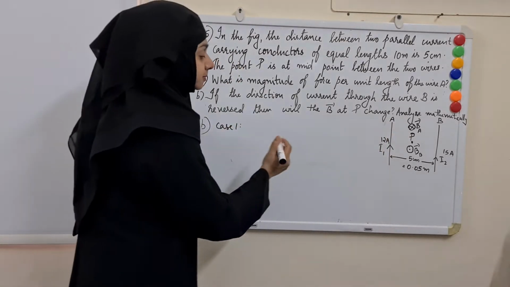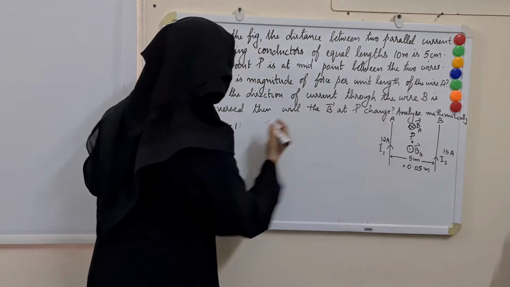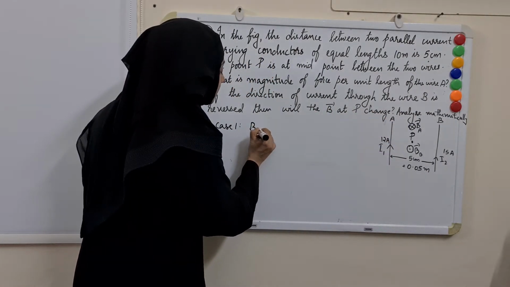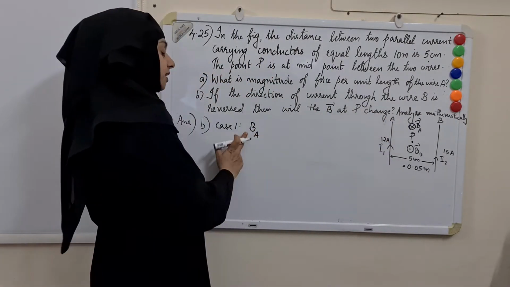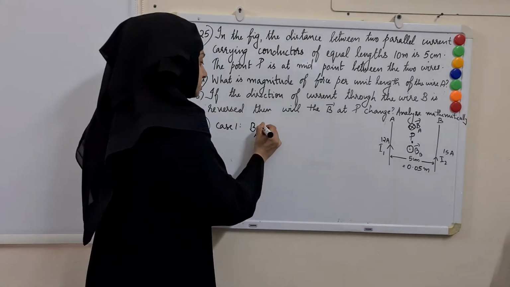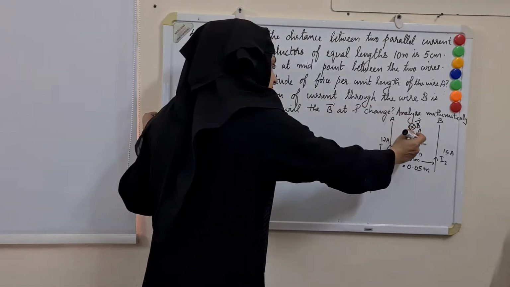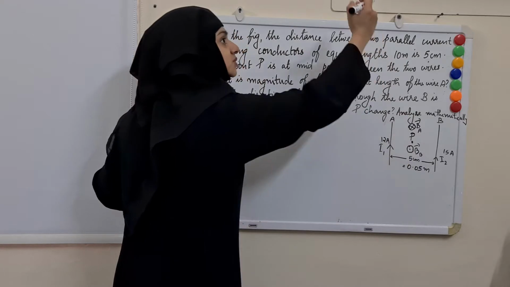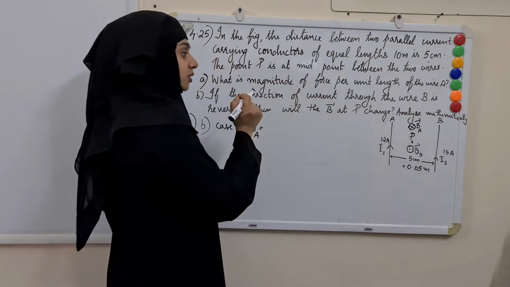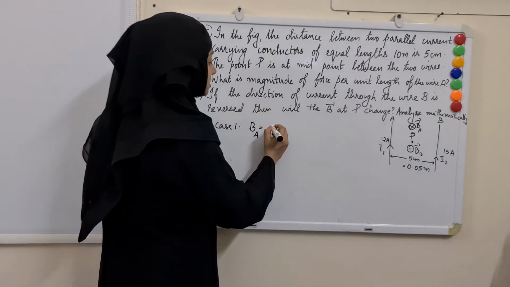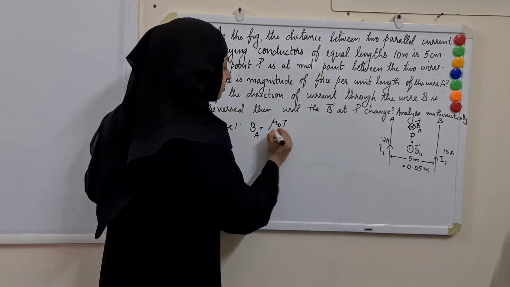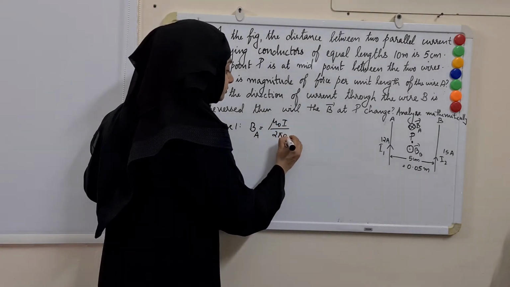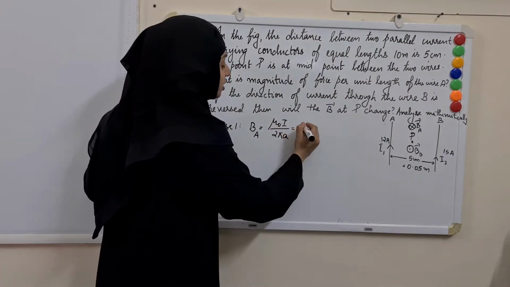So case 1, let me first find the value of magnetic field due to the current in A, BA. What is the magnetic field at a point at a particular distance from a straight current carrying wire? It's mu naught I by 2 pi A. So what is mu naught?